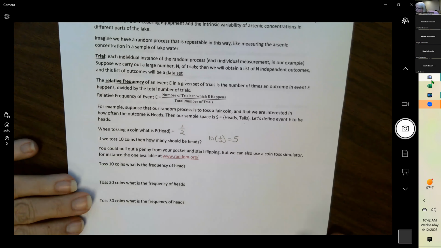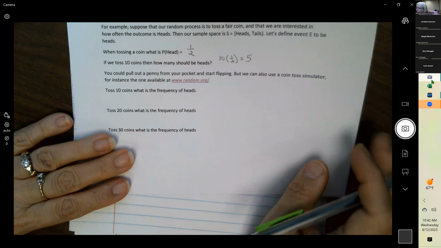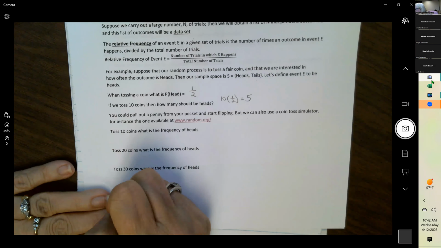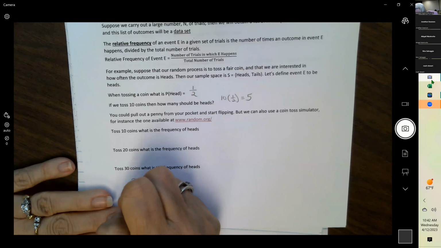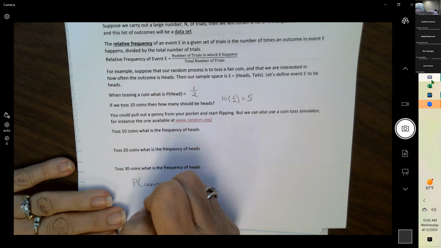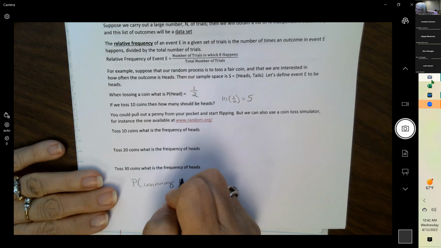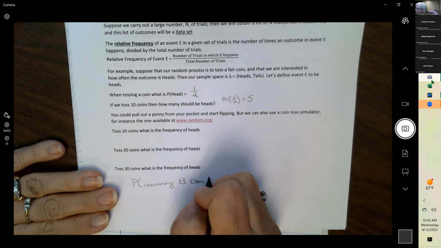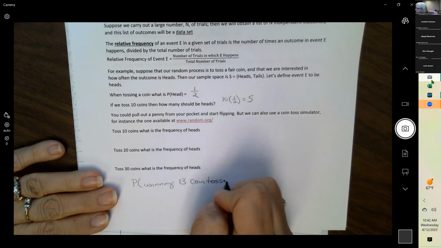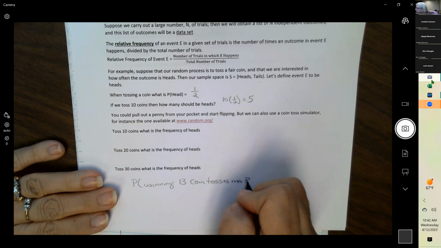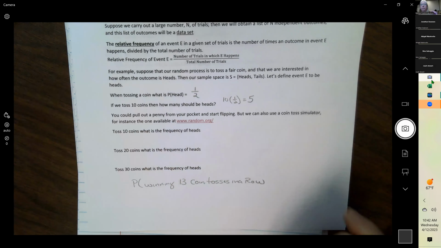Now the probability. I think it's 13. Now let's look.